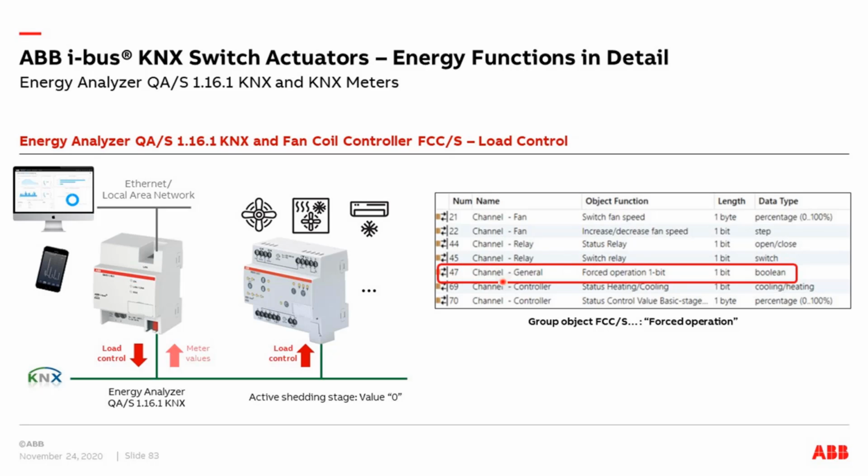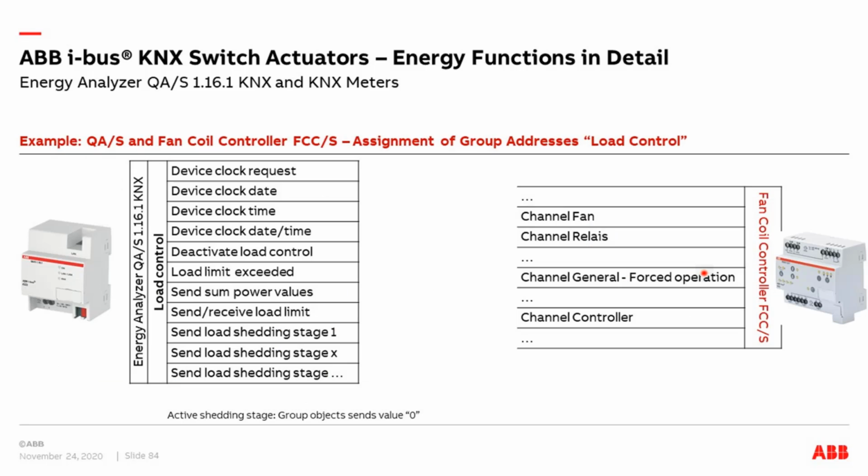Good, and here you see again the object forced operation, 1-bit of our fan coil controller. So to link the group addresses, I think it's not really difficult. You have maybe also some group addresses for the fan coil controller, but we use here again the 1-bit information, shedding stage 1, 2, 3, 4, what do you want, and link it here to the object forced operation.